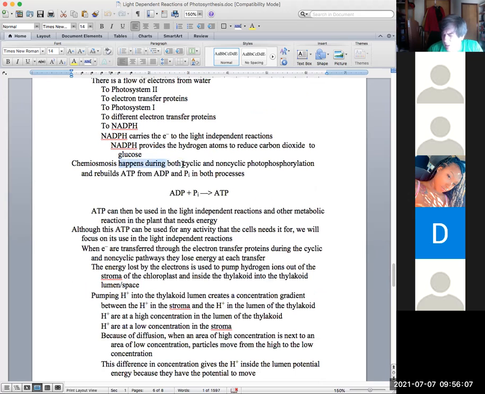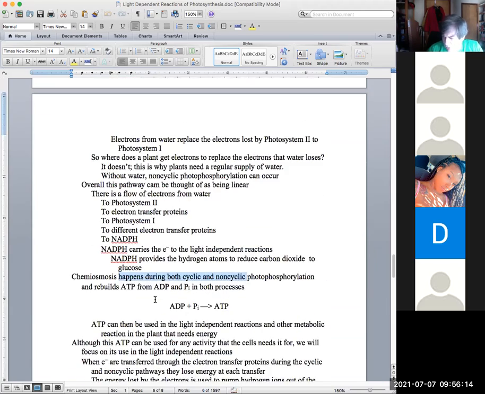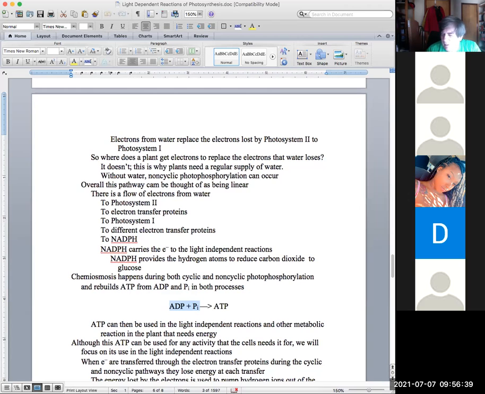And notice this is something that happens during cyclic and non-cyclic photophosphorylation. And it's going to take ADP and what's called an inorganic phosphate, because it's just a phosphate group all by itself. So remember, for something to be organic, it has to have some carbon atoms. This has the formula PO4, sometimes HPO4.